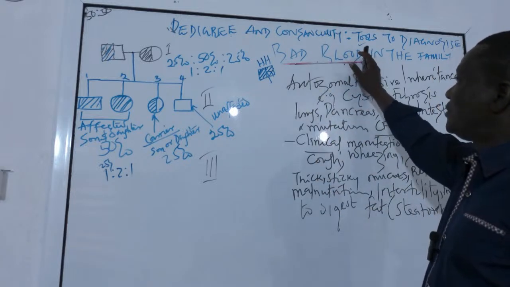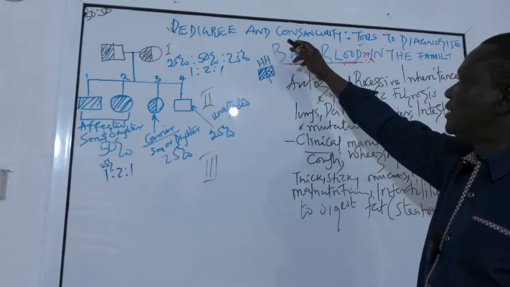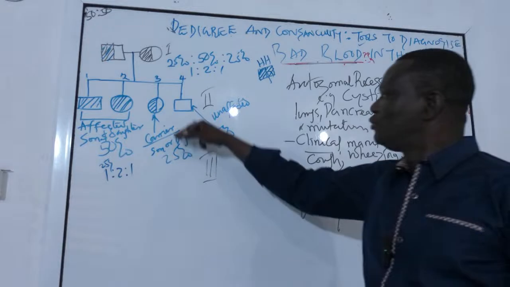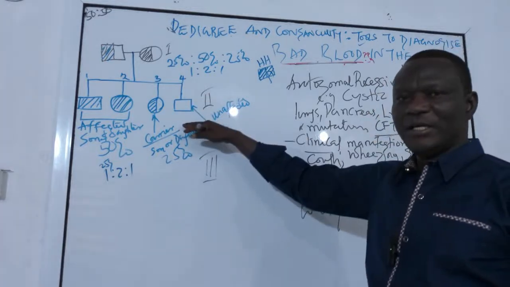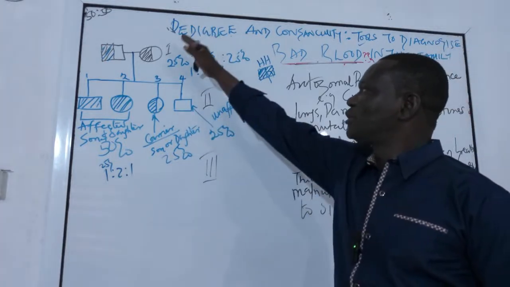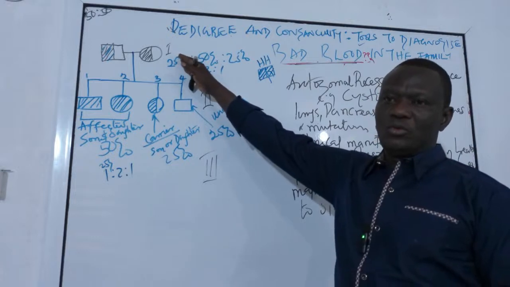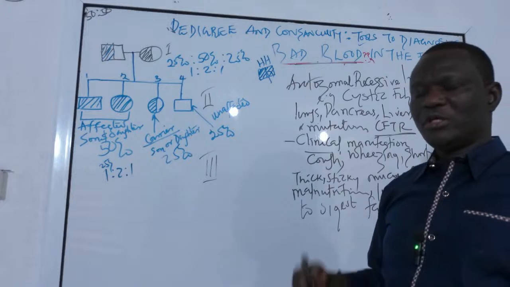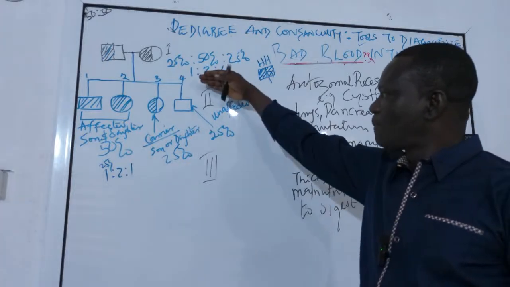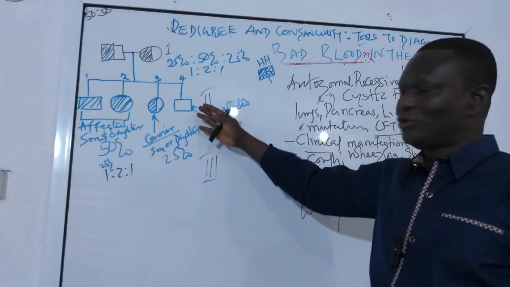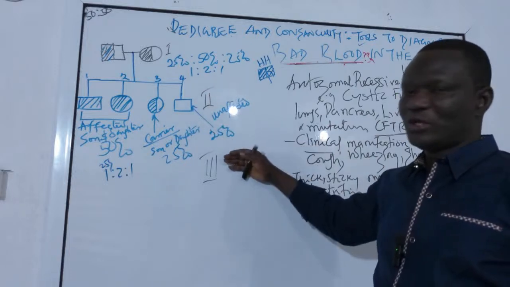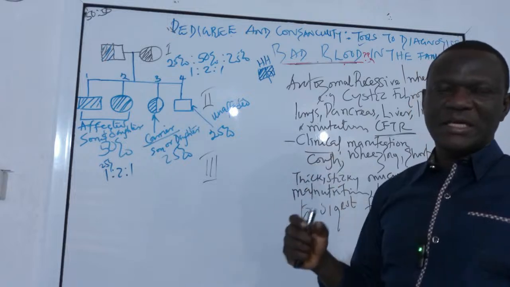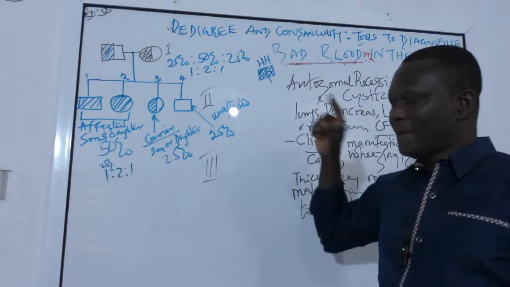So when I say pedigree and consanguinity, these are tools to diagnose. You can use this pedigree to predict what the past generation could have been and what the next generation will be. The predictive tool that you use as a geneticist or genetic counselor is what is called a pedigree.